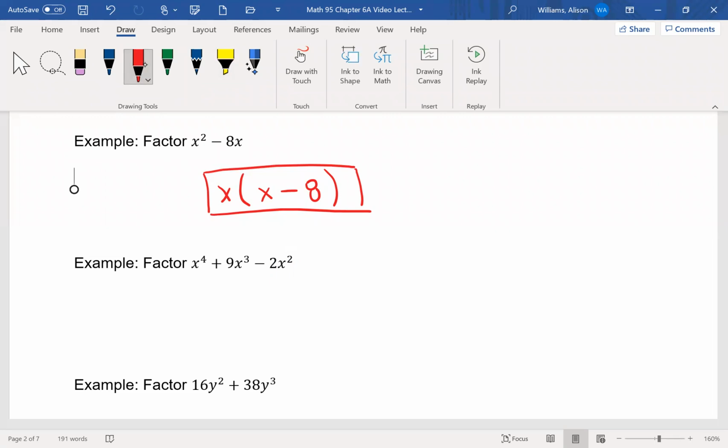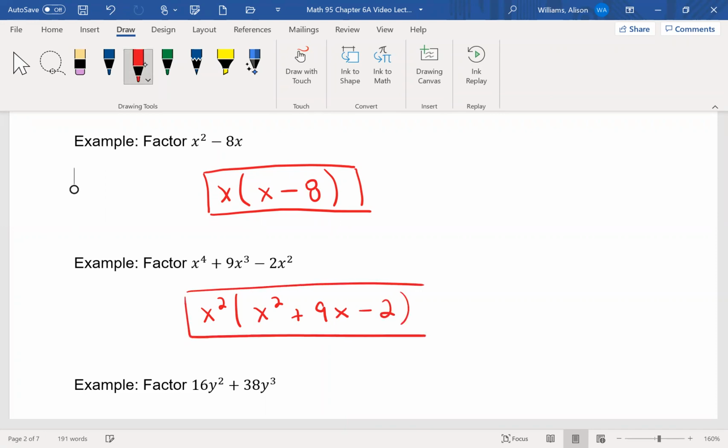So I'm going to factor out x squared. Then I'm dividing these terms by x squared. I'm going to be left with an x squared. In the middle, I'm going to be left with just a single x because x cubed divided by x squared, we're subtracting the exponents, gives me x to the 1. And the last term, I would just have a 2. No x's. And that would be factored.